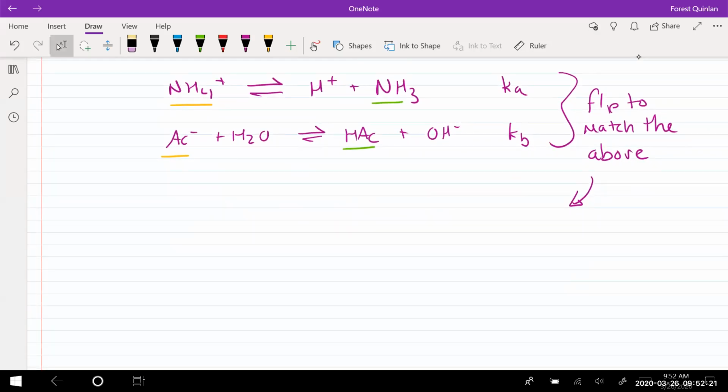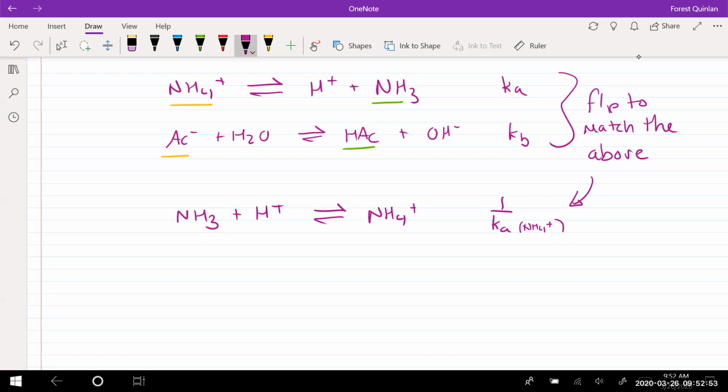I'm going to go ahead, you gave them to me as this. So I'm going to go NH3 plus H plus goes back and forth to make NH4 plus. Now that is 1 over the Ka. I should note that this is the Ka for NH4 plus, because we're going to have too many Ks floating around.